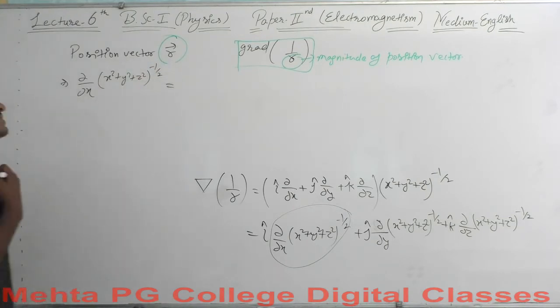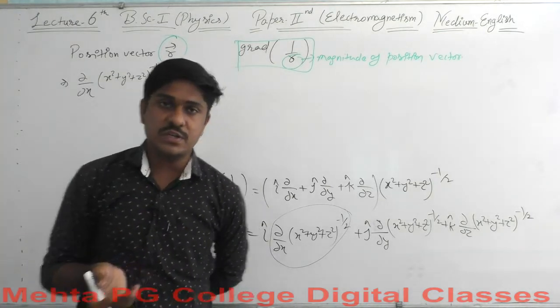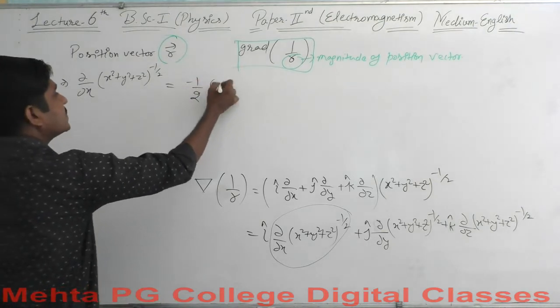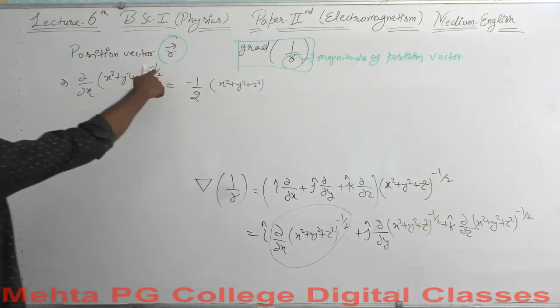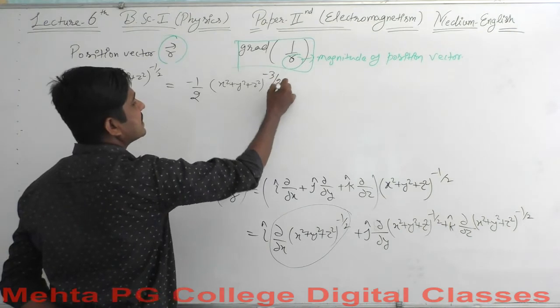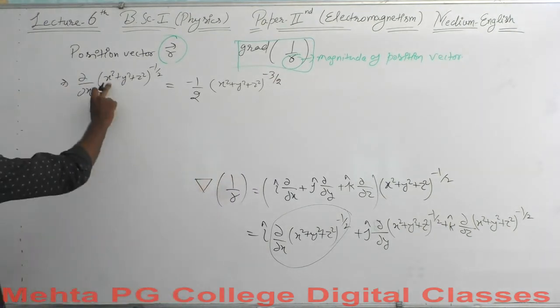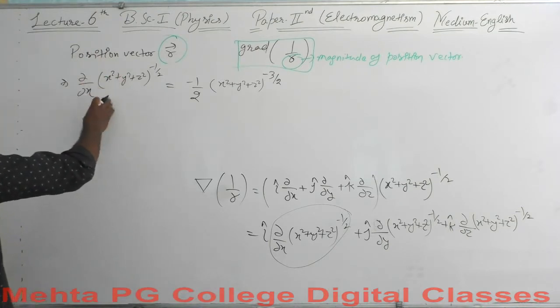As you know of partial derivatives, you will know how I will find it. Minus 1 by 2 here, (x² + y² + z²). We will subtract 1 from minus 1 by 2 and we will end up having minus 3 by 2, and then we will differentiate x², giving 2x.